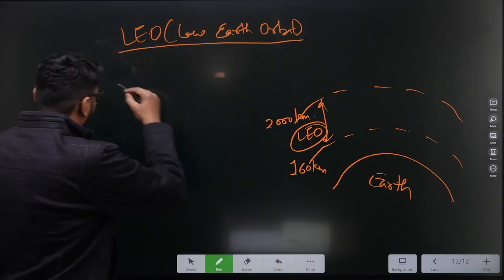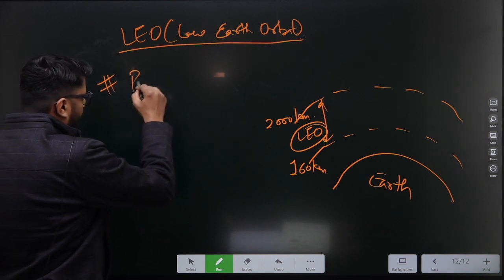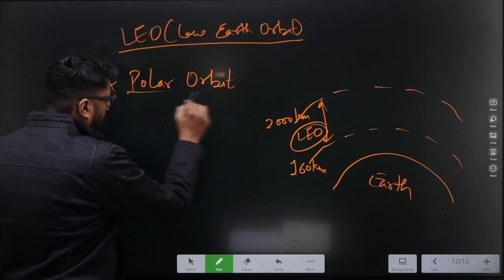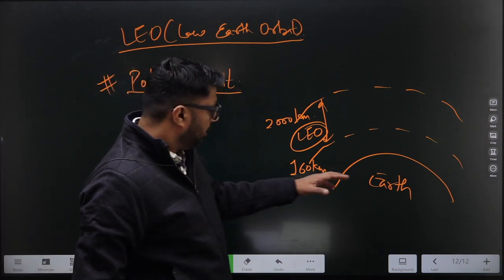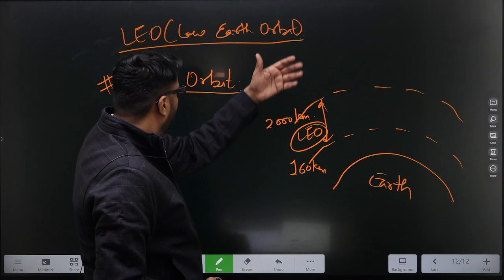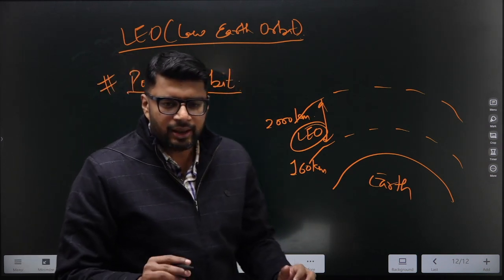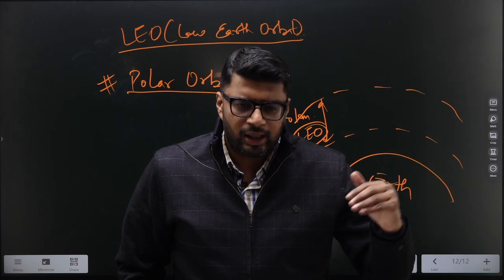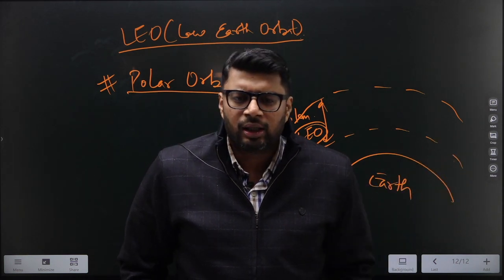And last, polar orbit. All the orbits so far analyze the Earth's equator and its latitudes.